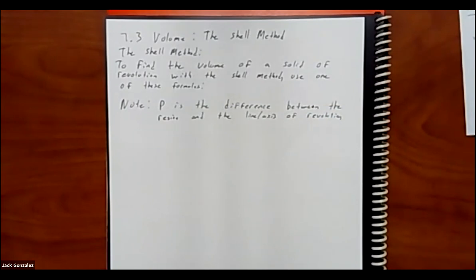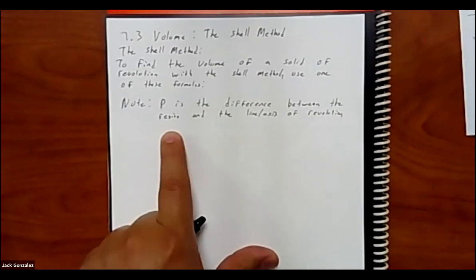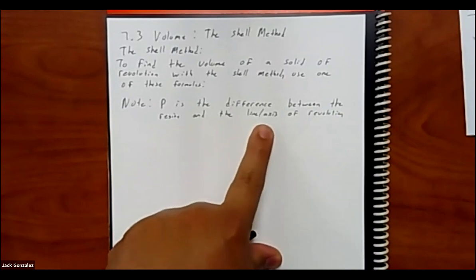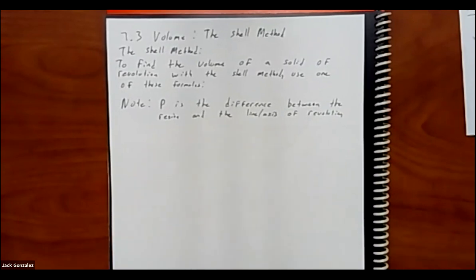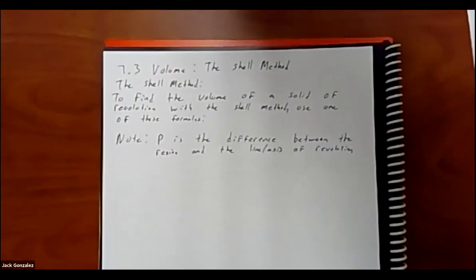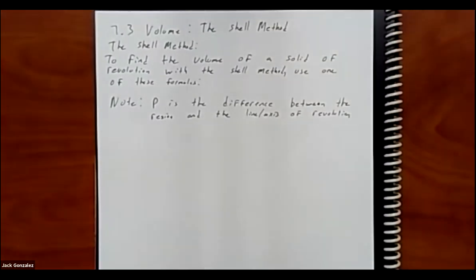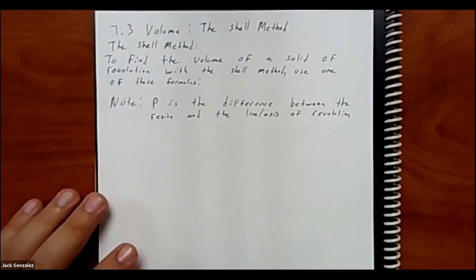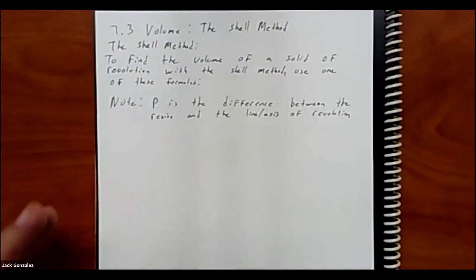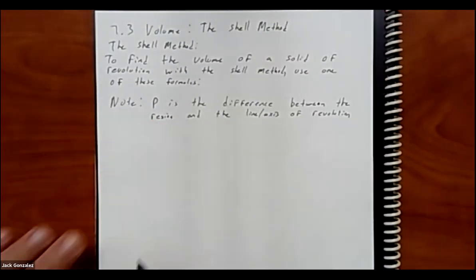The difference between what? The difference between the region and the axis of revolution. So like the little shaded section. So it's going to have a horizontal and vertical just like before.